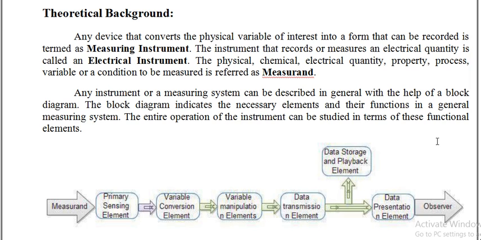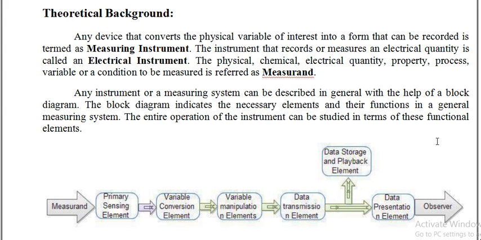So there is a diagram in front of you which shows the complete process, so that you can understand how the measurement process is completed and what the different stages involved in the measurement of a physical quantity are.